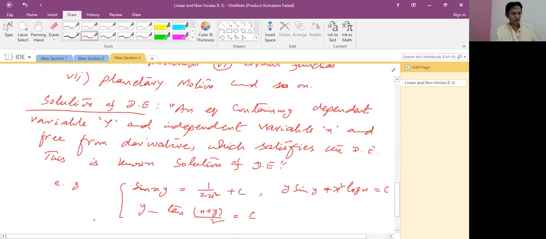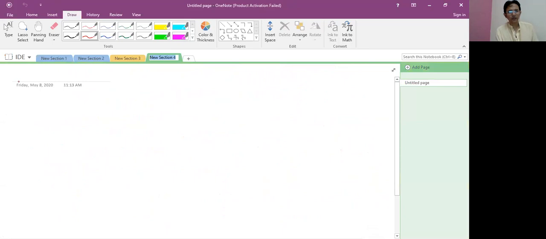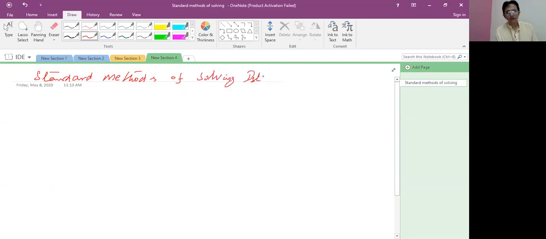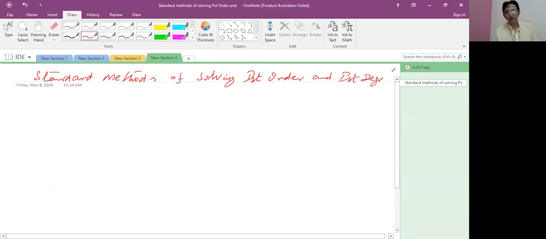After that, today we will discuss the standard methods of solving first order first degree differential equations. There are four standard methods. Number one is the variable separable method.